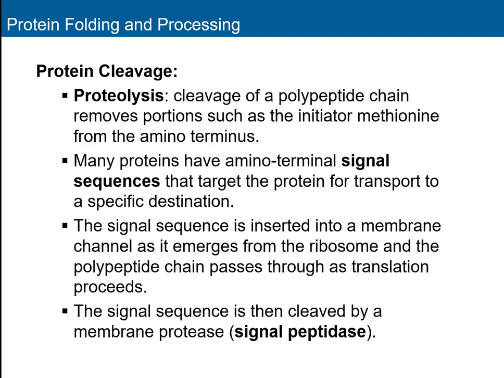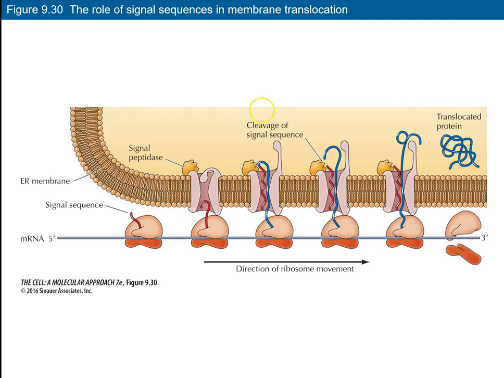It's not that all that did was initiate translation, okay? Another thing that might need to be cleaved off from a protein is a signal sequence, okay? So this signal sequence in red, its only function is basically to target this protein to here, specifically the endoplasmic reticulum, okay? So it tells the cell where this protein needs to go.